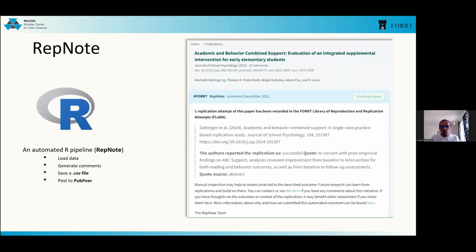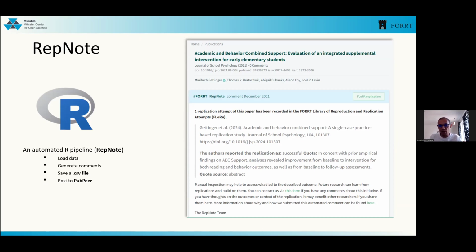For this, as part of the hackathon, we developed R code which loads the data and generates comments in a certain format that can be posted on PubPeer. Eventually you save a CSV file that can be pushed onto the PubPeer platform.